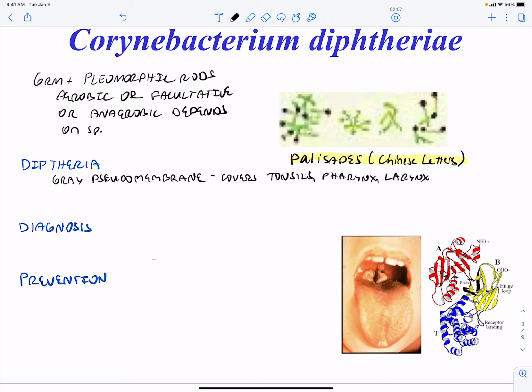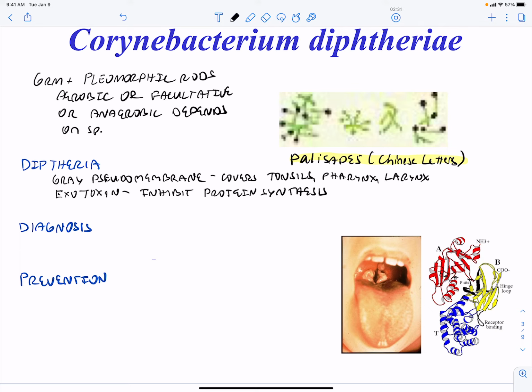And then also these diphtheria have exotoxins that inhibit protein synthesis. And then their toxin gene is going to be part of a bacteriophage.